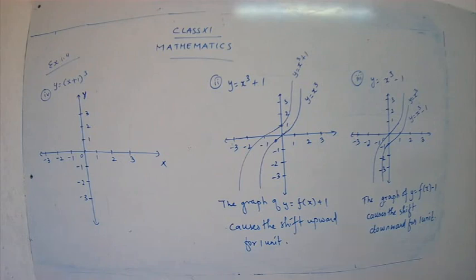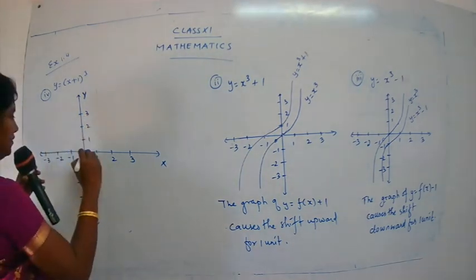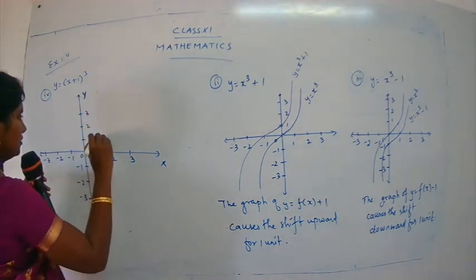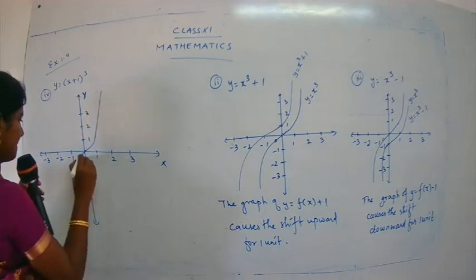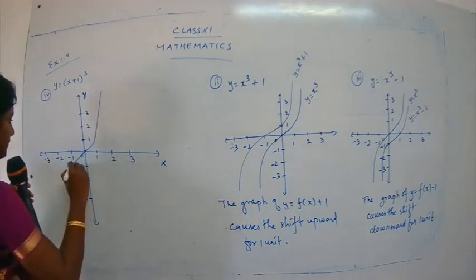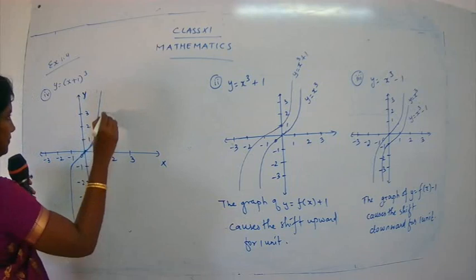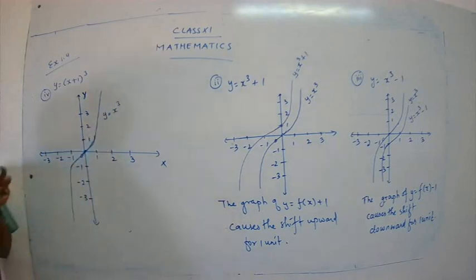Have you plotted, children? Okay, so first of all we have to draw the graph for y is equal to x cube. So from here it goes here. y is equal to x cube.